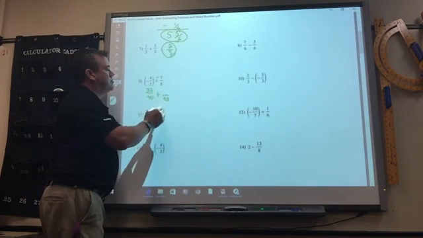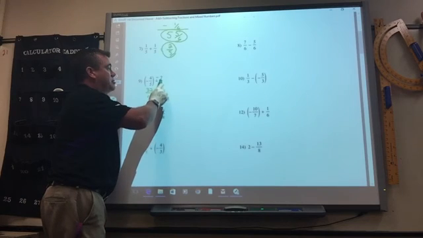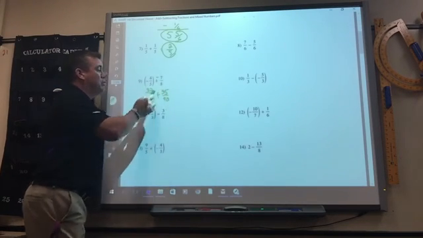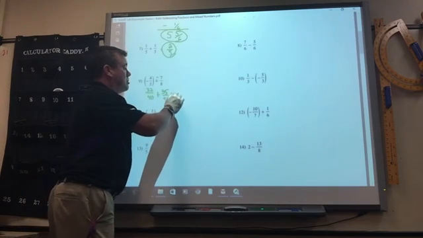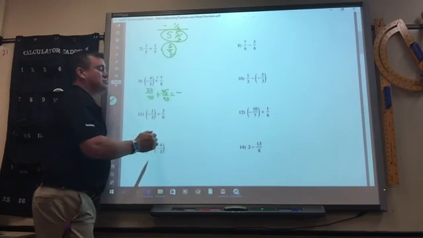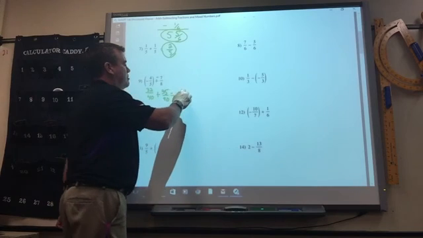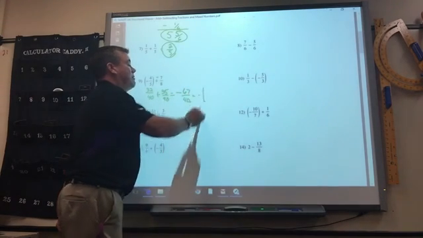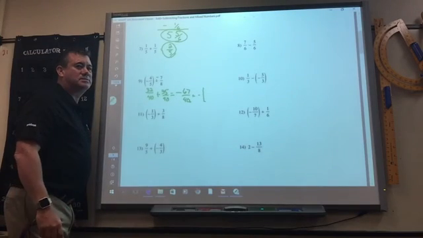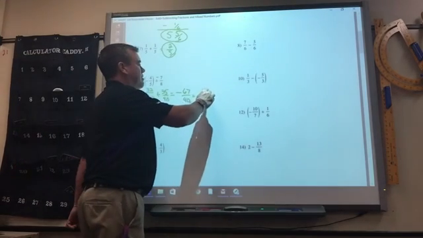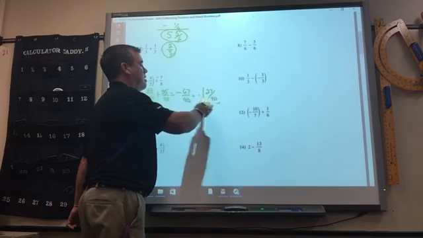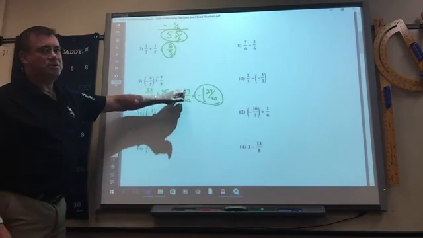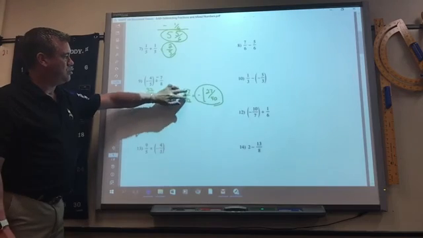You get 32. I took this times 5, so take that times 5. 35. And remember, they are both negative. So my answer is going to be negative 67/40, which is negative 1 and 27/40, because 40 goes into 67 one full time, and then there's 27 left over.